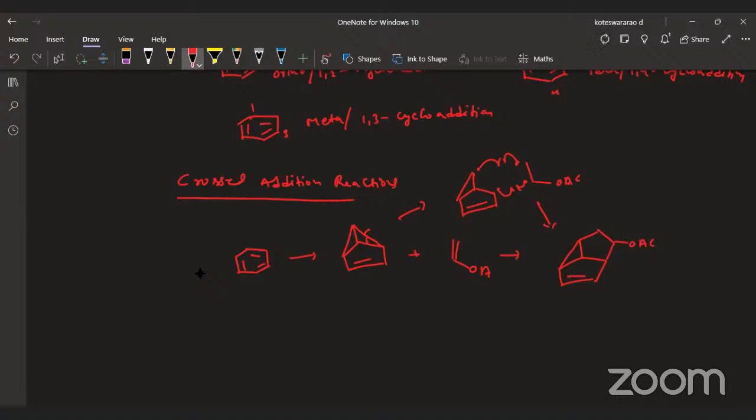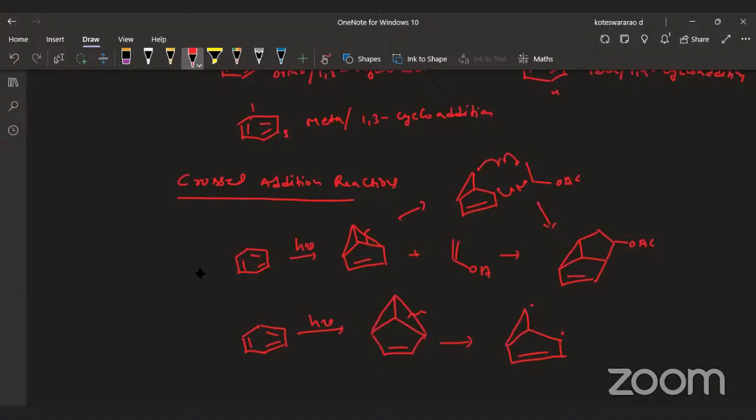Similarly, you can take the benzene. Remember that, copy it. That mechanism is not given in our book. You copy it, right? And the radiation first generates the benzvalene. This undergoes the breakage of the sigma bond into biradical intermediate, right?